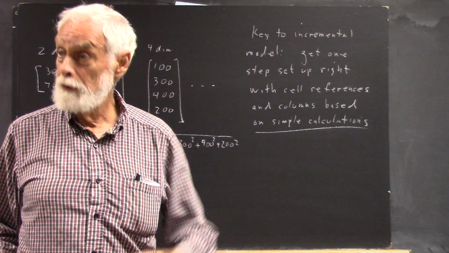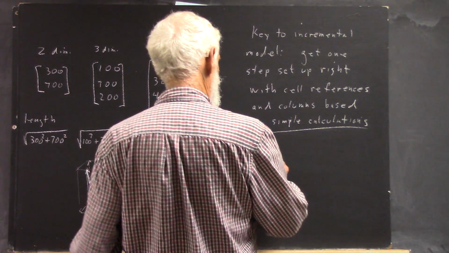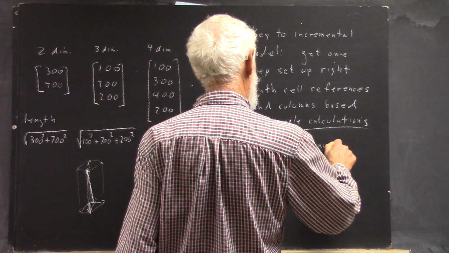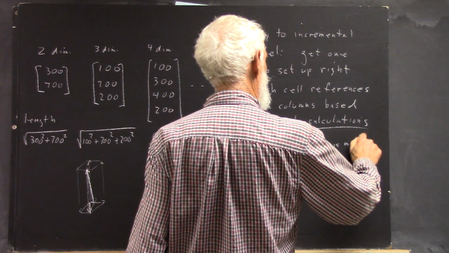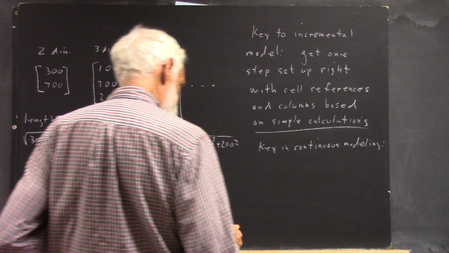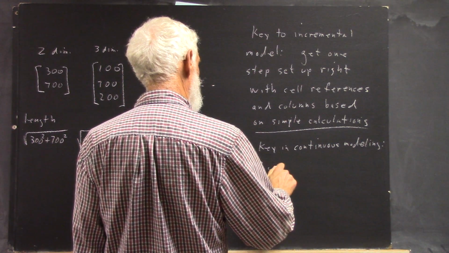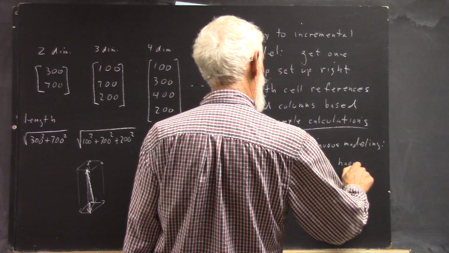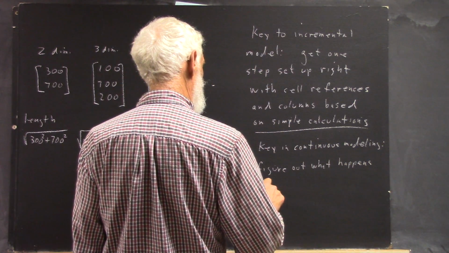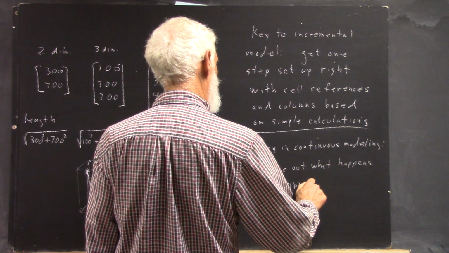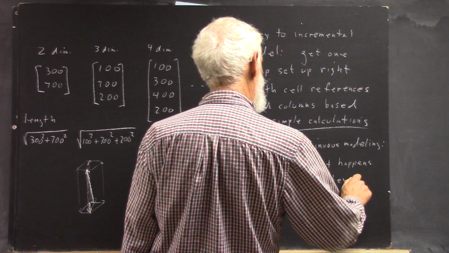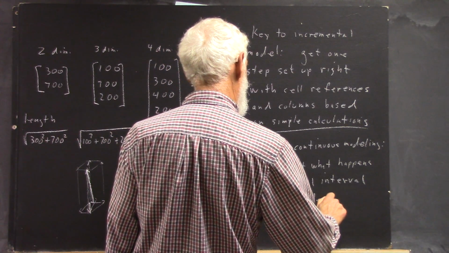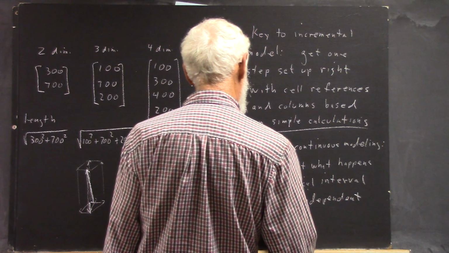Now, if you're doing modeling with functions, the key in continuous modeling is to figure out what happens in a typical interval of the independent variable.